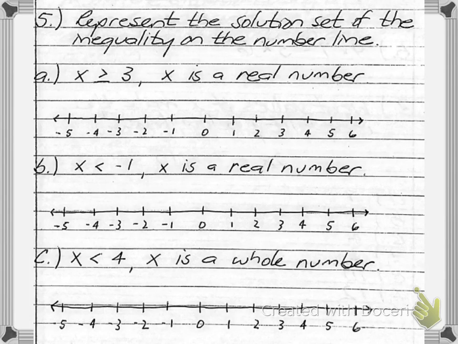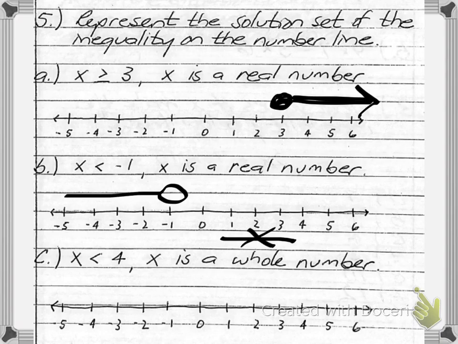So let's go ahead and take a look at our first one here. We have the 3, and we know it's greater than or equal to, and we filled that in. For the next one, x is less than negative 1. So here's our negative 1, and then less than. Well, these numbers here are greater than, so less than has to go this way.